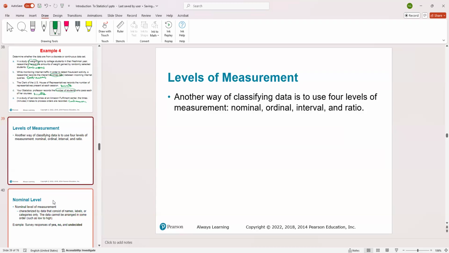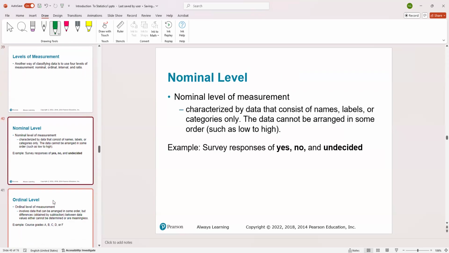That's very important because we're going to define what each of them is. In terms of nominal, we need to review all of them. The nominal level of measurement is characterized by data that consists of names, labels, or categories only.